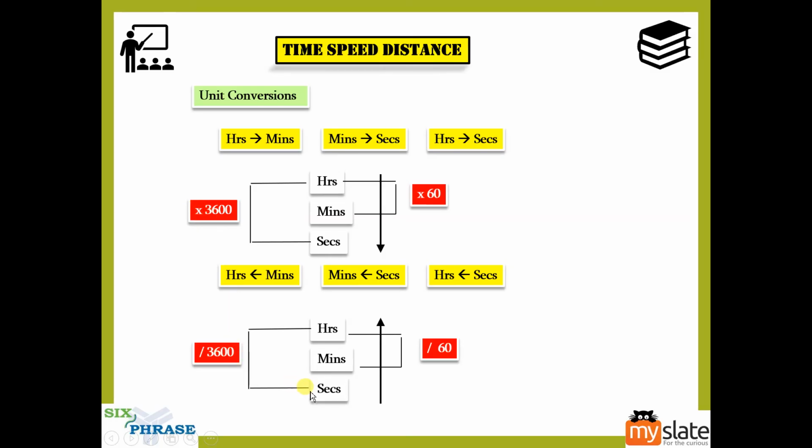And here again, for two steps, when you're going to the top, it will be division by 3600. If you remember it this way, you'll never forget the conversion of hours, minutes, and seconds. So you need not get confused. After some time, you will know that if you have to go from hours to seconds, you have to multiply, because you're going from top to bottom. By what you multiply depends upon whether you want to go from hours to minutes or hours to seconds.